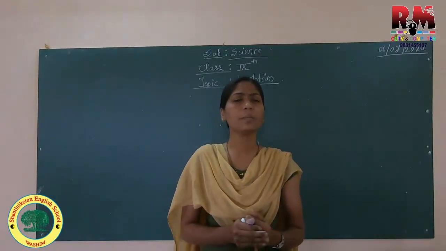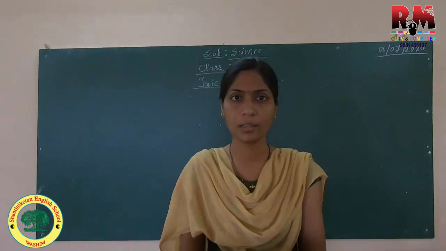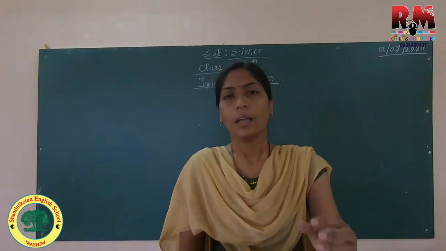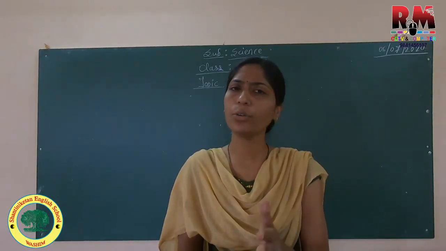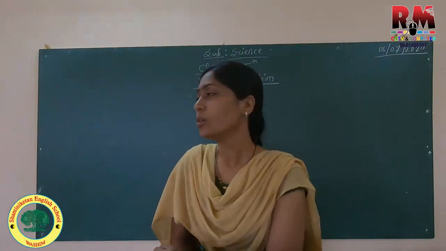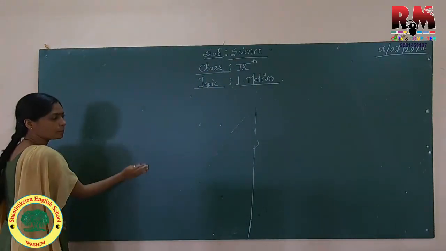The graphical part is very important for you children to understand how the motion is. By a graph you can easily tell whether the motion is uniform or non-uniform, or you can calculate by the graphical method also.